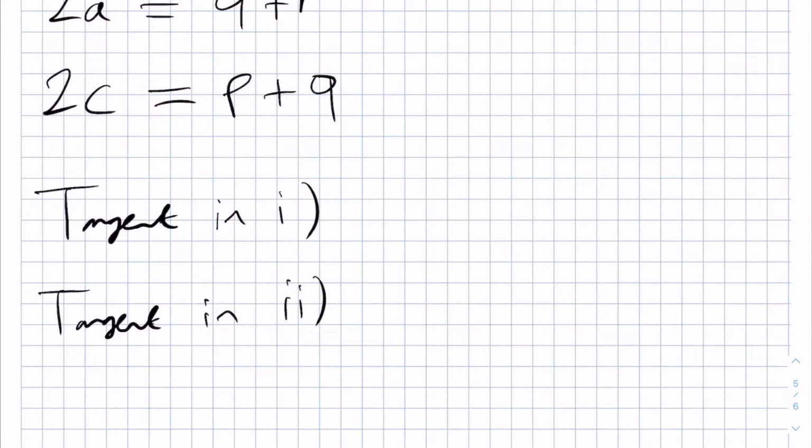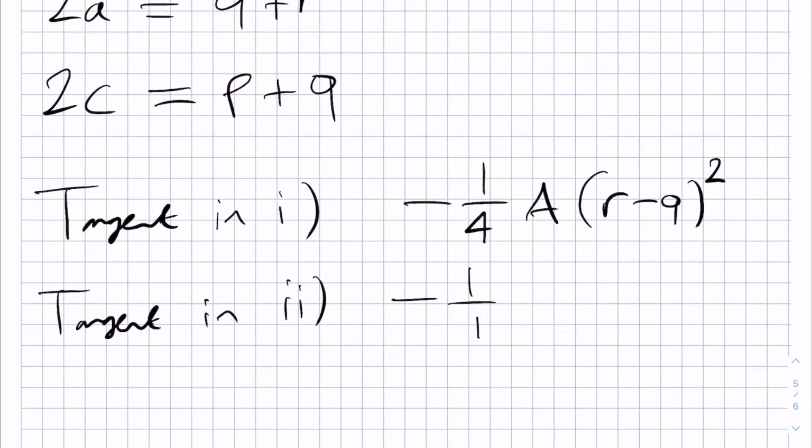If we look at their gradients, in part I we found minus a quarter times a times r minus q all squared. Then in part II, we've replaced a by c and p by r, and so this will be minus a quarter times a times p minus q all squared. So first, let's look at the parallel condition.